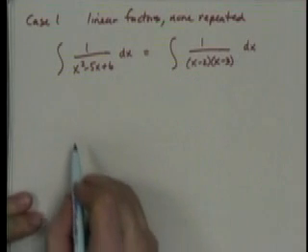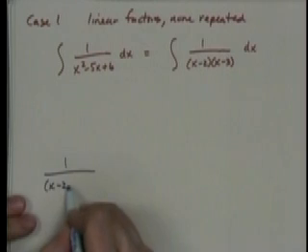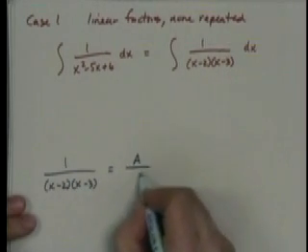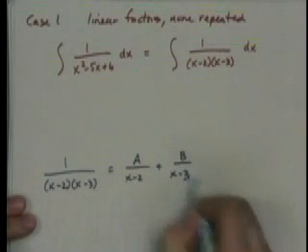And the idea is I should be able to take 1 over x minus 2 times x minus 3 and rewrite it as something over x minus 2 plus something else over x minus 3.